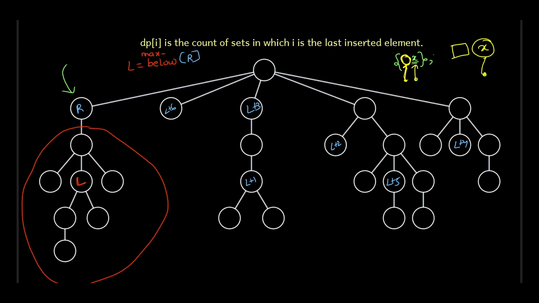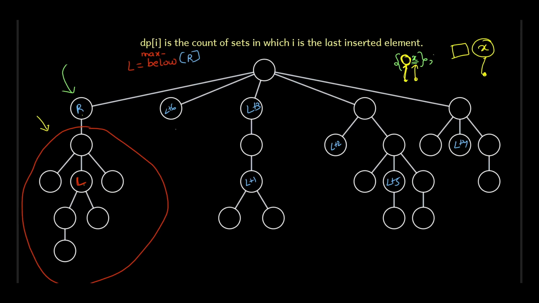Of course, the second last pivot has to be strictly greater than L, because it has to delete this L since R wants to enter. So this subtree has to go, right? And then of course it has to be strictly less than R, because R and that pivot will compete, and R will want to enter the set.